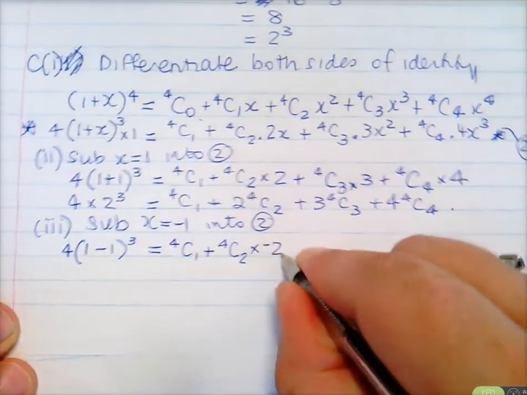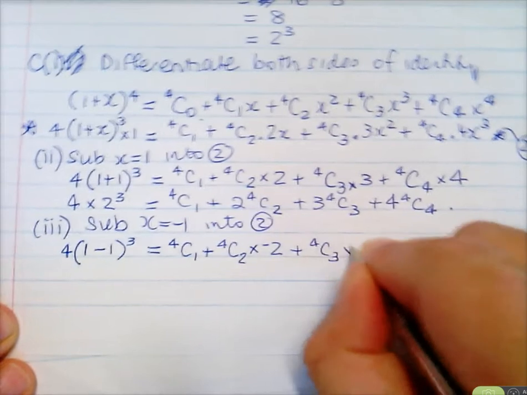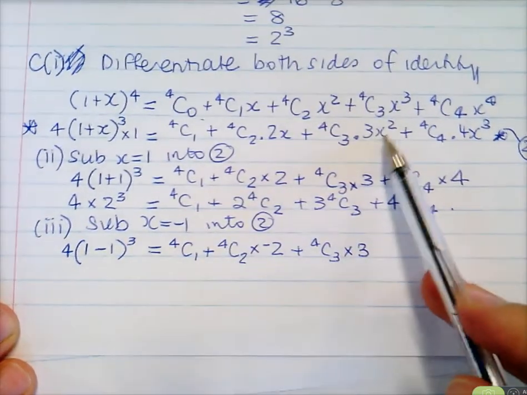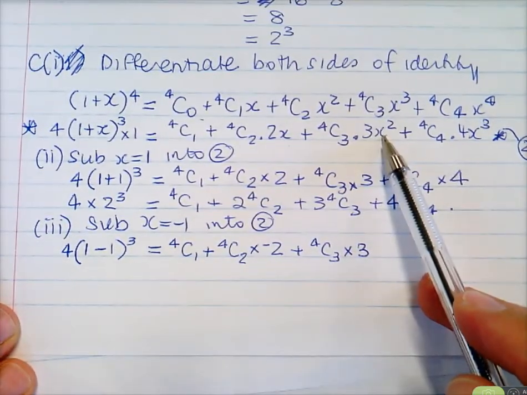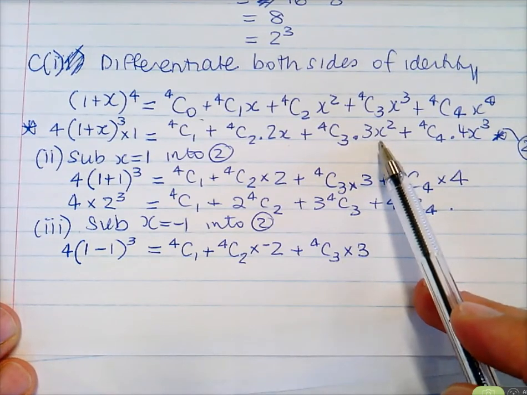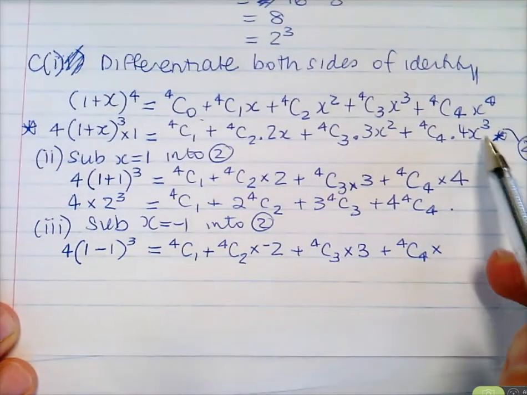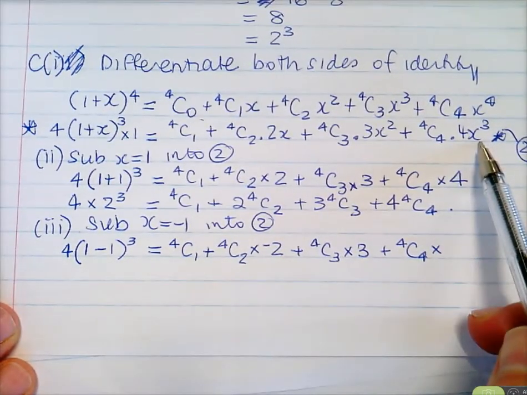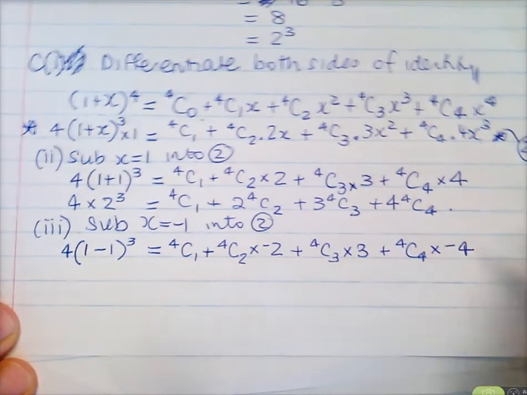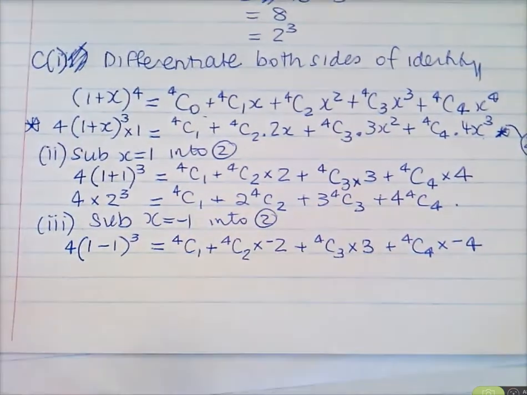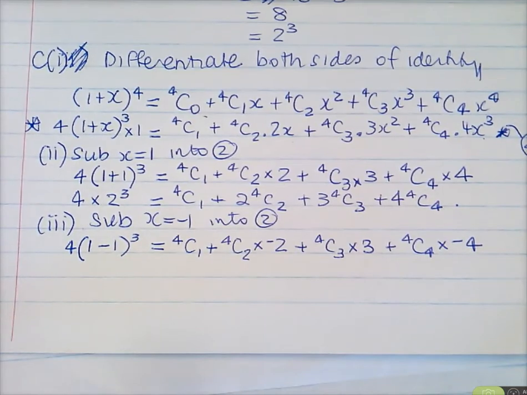Times negative 2 plus 4 choose 3 times 3. What happens if x is negative 1? Positive 3 or negative 3? Positive 3 plus 4 choose 4 times, if you substitute x is negative 1 into the differentiated expression, negative 4.